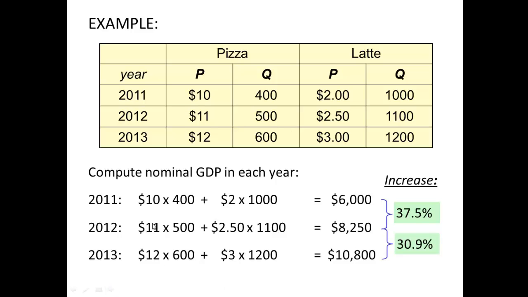And what we find is this: if we make 2011 our base year, and we say that we're going to fix our price at $10 for a pizza and $2 for a latte, then what we will see, before we do the real part, is that in terms of nominal, we see that from 6,000 to 8,250, there's a 37.5% increase.